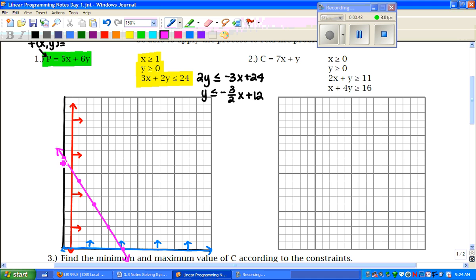And a note to yourself, all of these lines are solid because they have equal to symbols in the inequality. There was a less than symbol, so we're going to shade below. And the region where all of the arrows are pointing to is that triangle in the middle. So go ahead and shade that triangle.